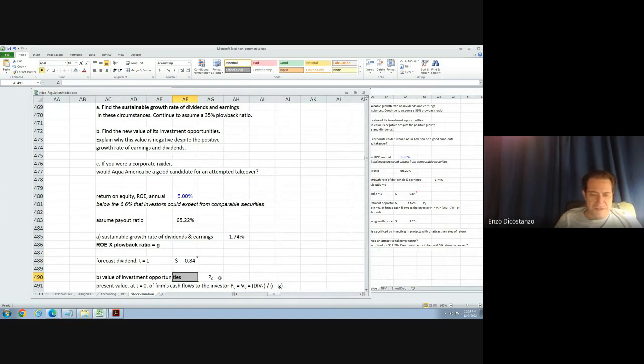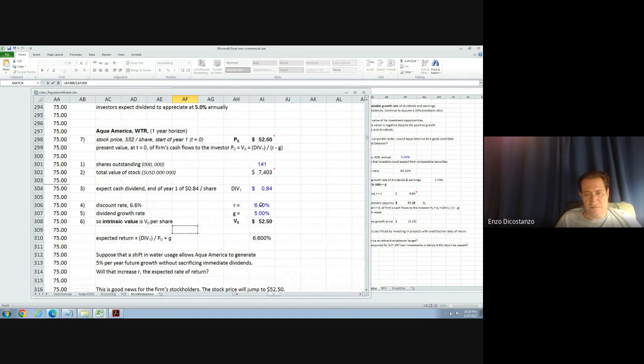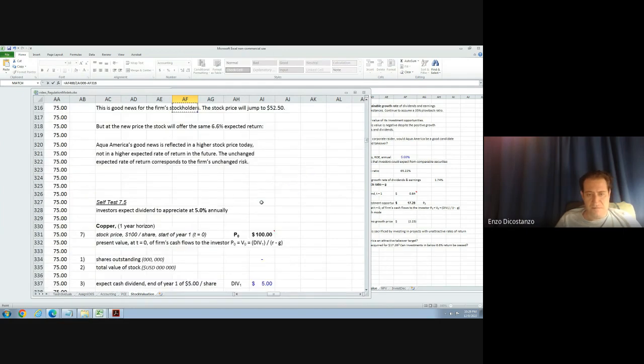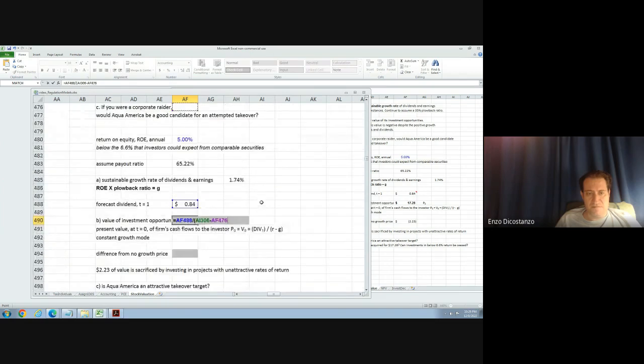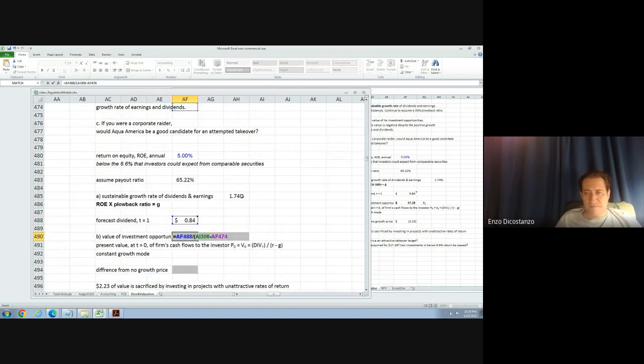And this is simply equal to dividend divided by parenthesis, minus G. Take your 1.728, right? It's just that 6.6 minus that 1.74. The numerator is 84.